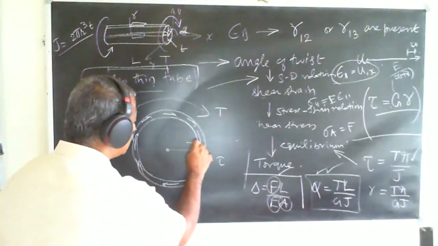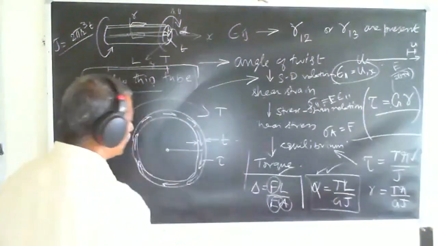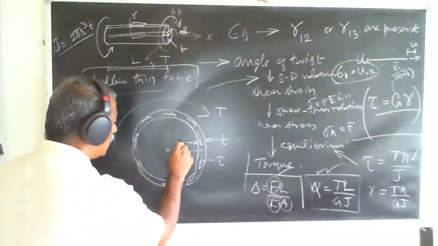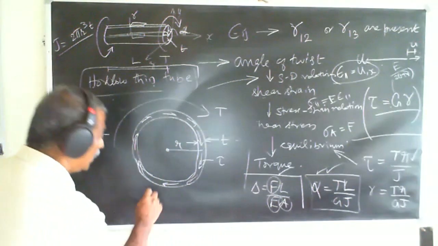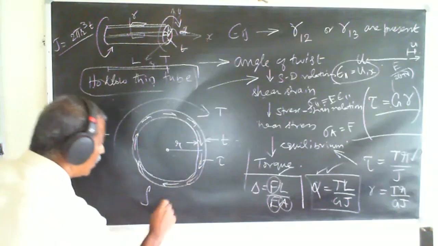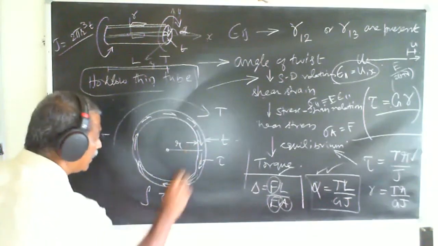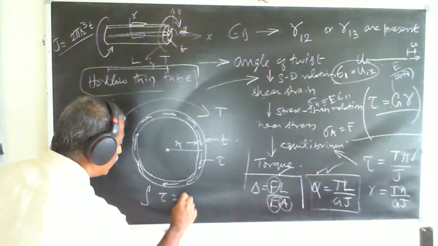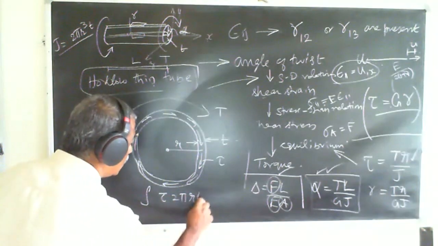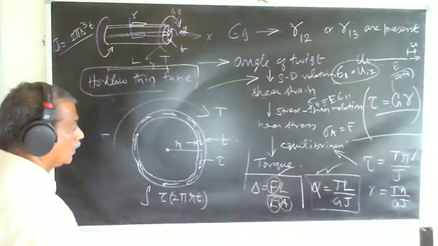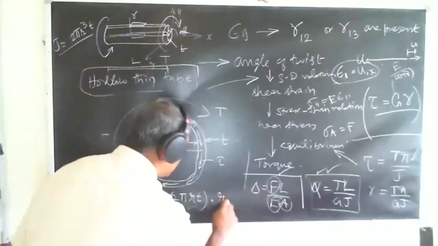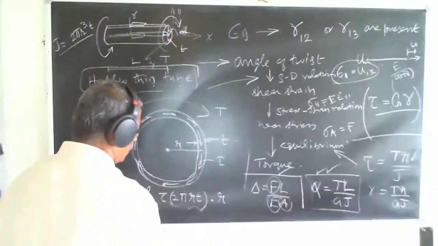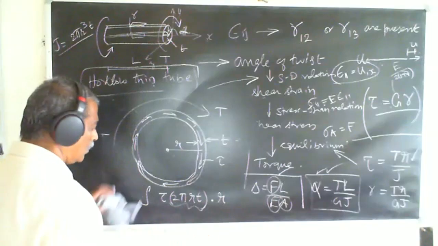Given that this is equal to T and this is R, it is now possible for me to find out the integral of tau times the area, which is 2 pi R t, times the lever arm. Why should I integrate?